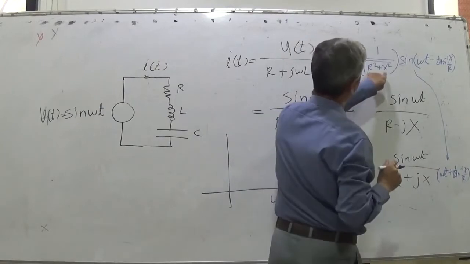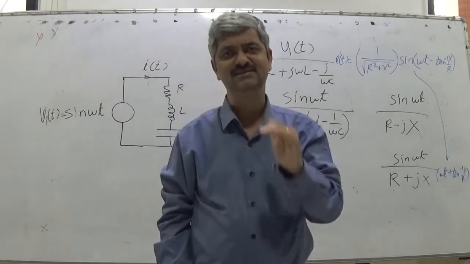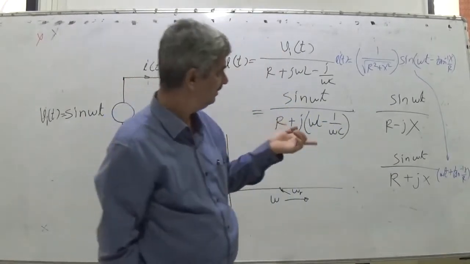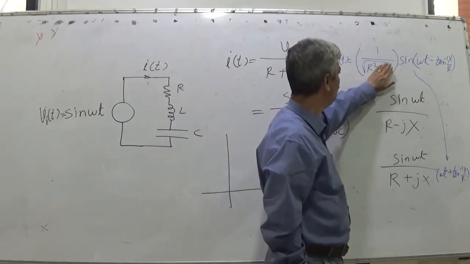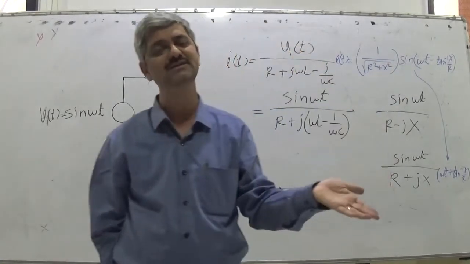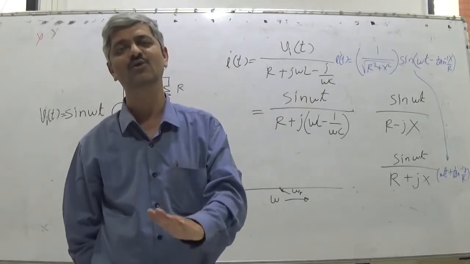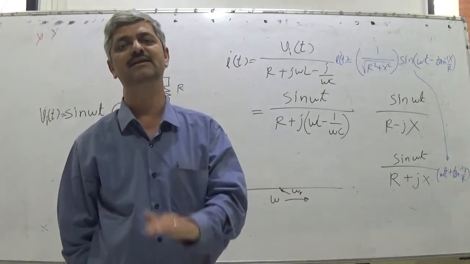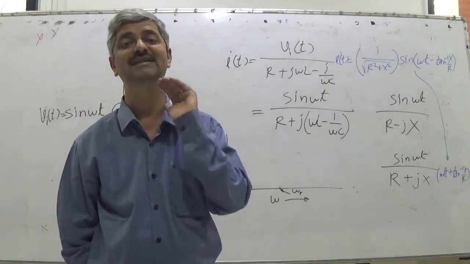So if we talk about under root R square plus X square, what will happen? If X is 0, it will be R. At resonant frequency, this will go and will be 1 upon R. Before resonance and after resonance, there will be some X. As long as X is non-zero, under root of R square plus X square will be definitely more than R. So the value of current will always be less.